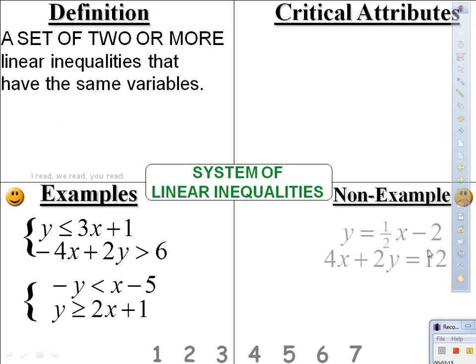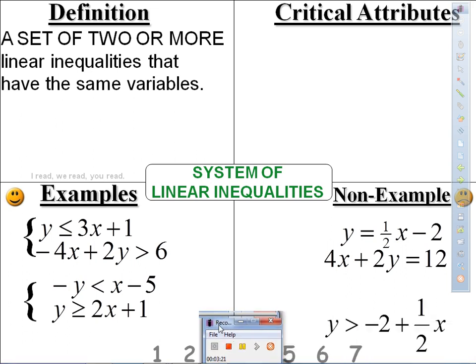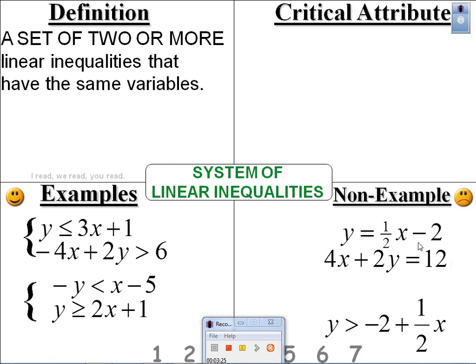Non-examples. There's that one and that one. Let me move this out of the way. Copy those. As you're copying those, start thinking, why is this not a system of linear inequalities, or this one? Don't say it out loud. Keep it to yourself.